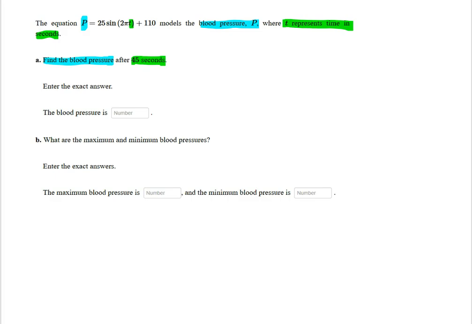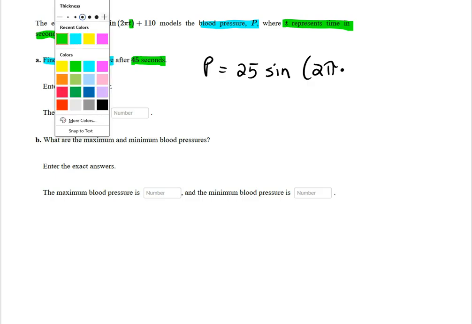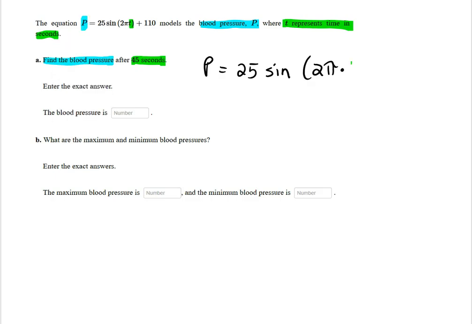So P is going to equal 25 times the sine of 2 times pi times 45, because that's T, plus 110.